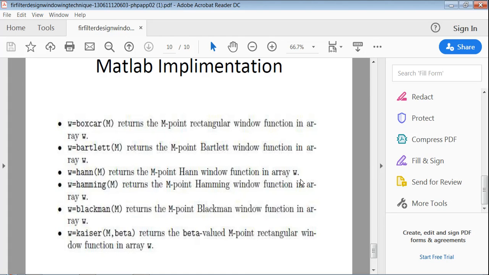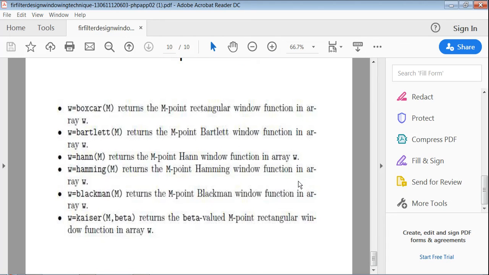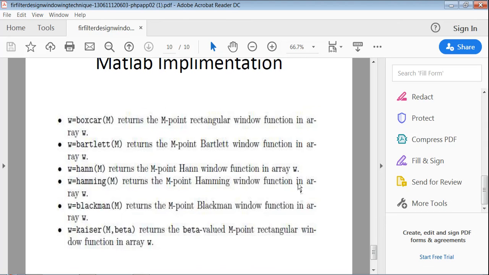Kaiser for the Kaiser window. Using this particular equation, we will get the response. You just write down, give the value of m, then write the function, that is y equal to boxcar(m), and plot. Then easily you will get the response of that particular window.